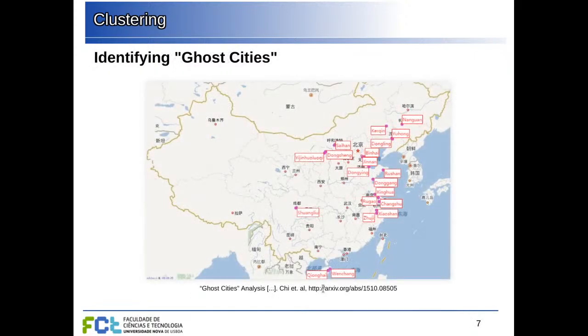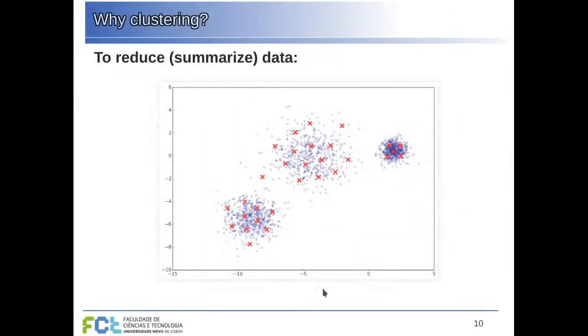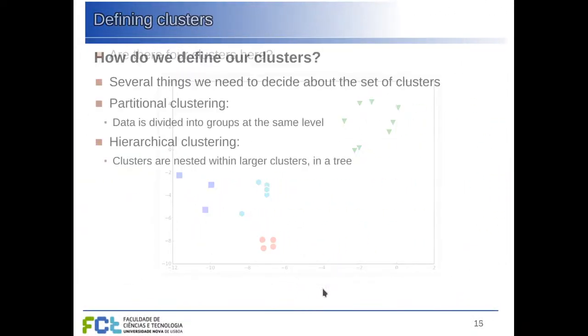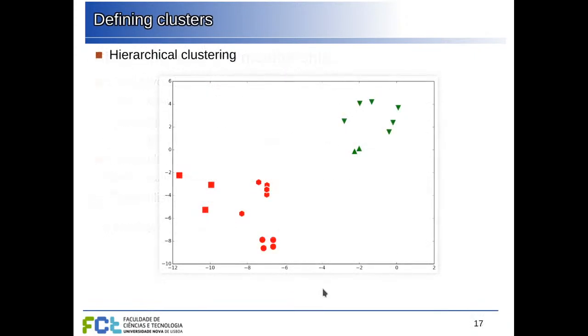But if we are looking at the distribution of people in cities to find those ghost blocks or ghost cities, then it doesn't make much sense to do a hierarchical clustering. It makes more sense to do a partitional clustering, because we are just looking for the regions where there are large groups of people or where there are fewer people. So this is one important decision to make, whether we want to have just a single layer of clusters, so to speak, or to have clusters with subclusters.